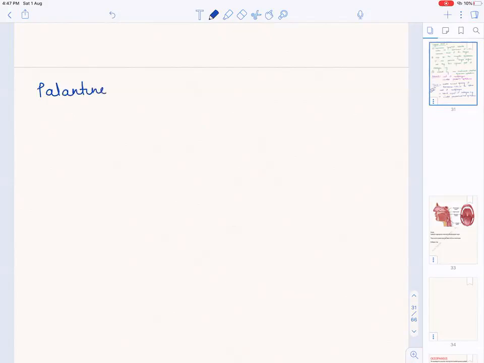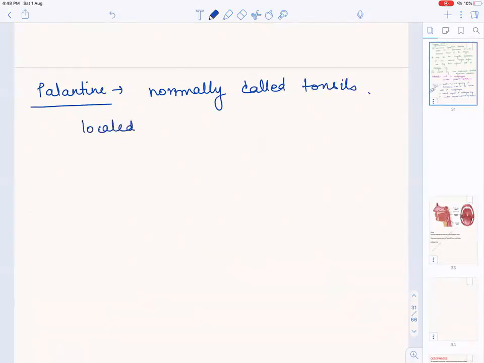Remember, palatine tonsils are normally called just tonsils. When we say tonsils, normally we mean palatine tonsils. They are located within the tonsillar bed of the lateral oropharynx wall.